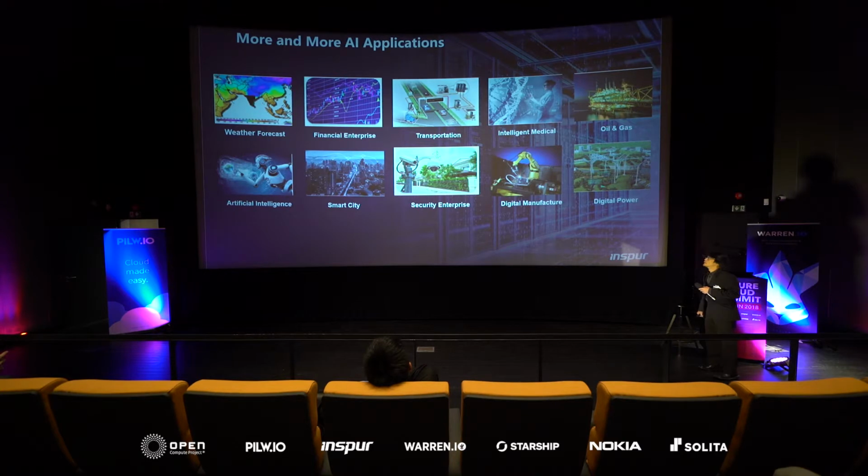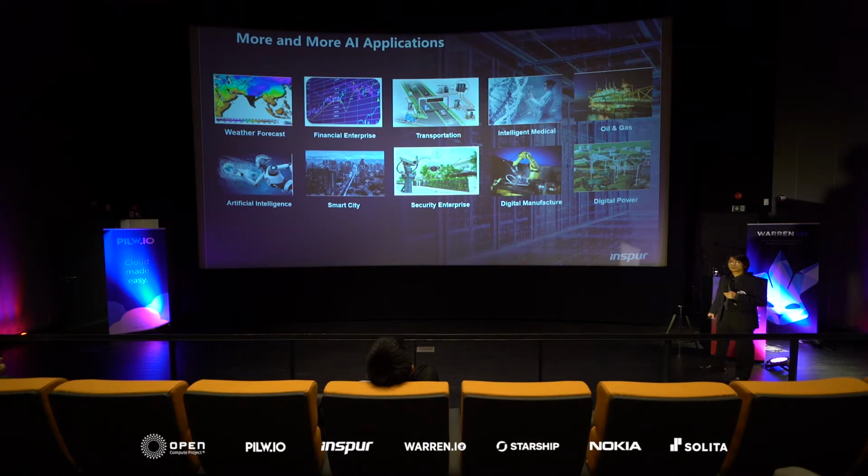And transportation. Do you know how many cameras are deployed in China? It is about 200 million cameras this year, and maybe we will reach about 500 million in the next 2 years.